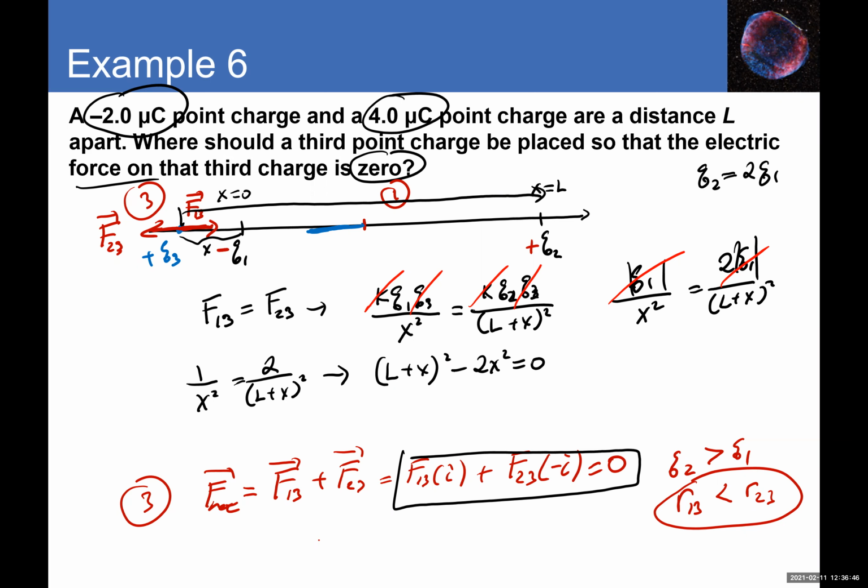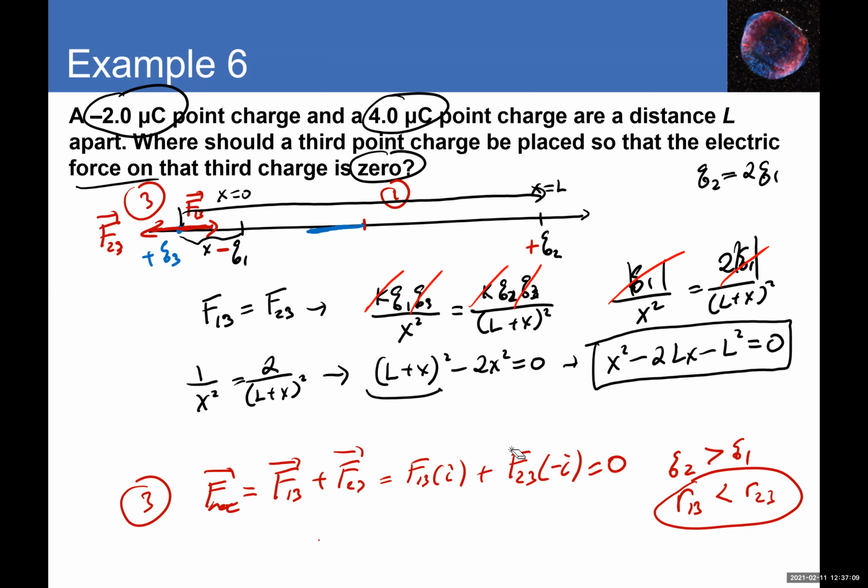I open it up and combine terms, and what I end up with is x squared minus 2Lx minus L squared equals 0. Which you can see just ends up being a quadratic equation. All we have to do from here is solve for x.